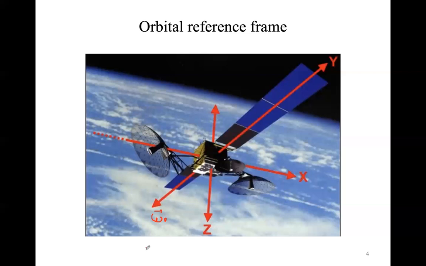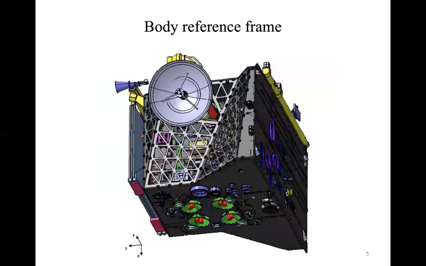Omega 0 is coincident with the angular momentum of the spacecraft's orbit. So if we assume that the spacecraft is orbiting in a circular orbit, omega 0 is opposite to y, okay? This information will be important later.